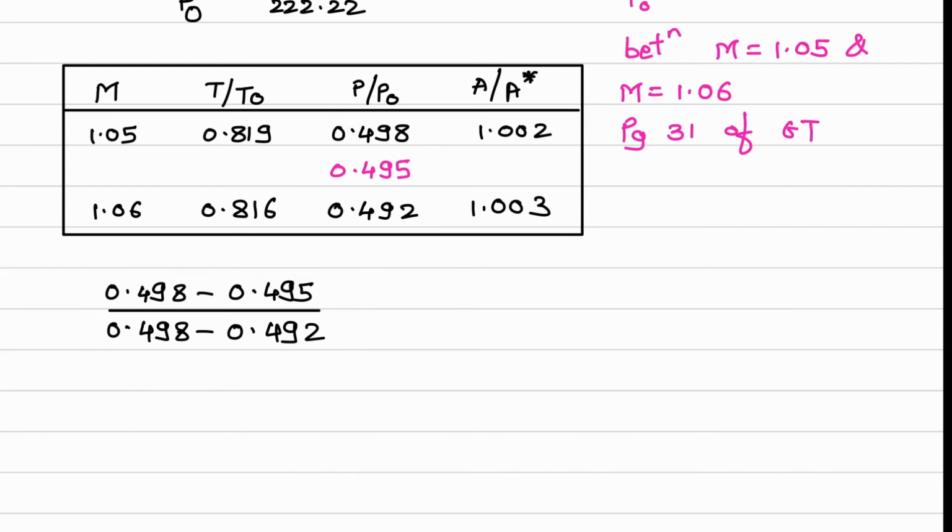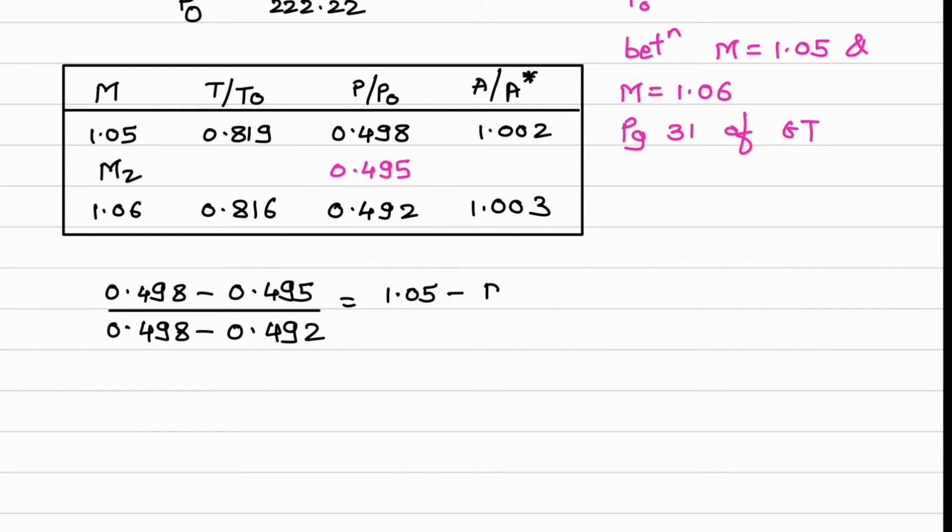Now I have to find Mach number as well. So in the same sequence I have to write down. So for this, what is the Mach number? 1.05. 1.05 minus, for 0.498, what is the Mach number? This is unknown, M2.